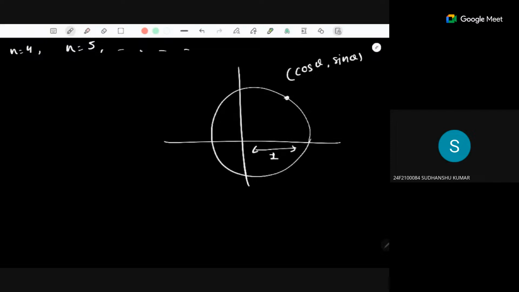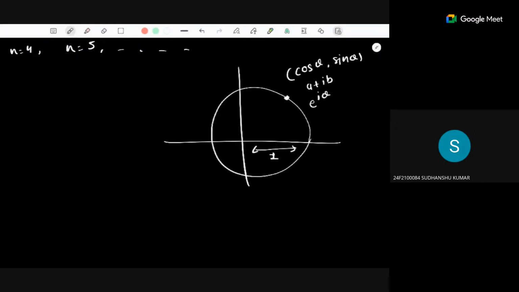So over a unit circle, any point can have the coordinate cos theta comma sin theta, or you can write it as a complex number a plus iota b, or you can write this particular point in terms of e to the power iota theta. So these three descriptions we can use for any point lying on the unit circle.